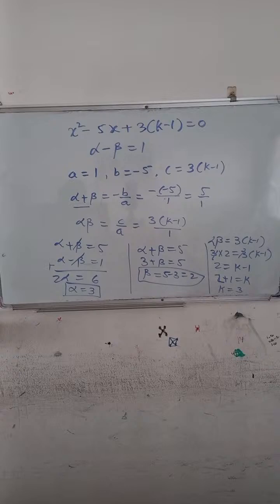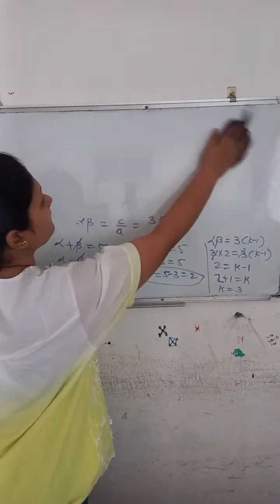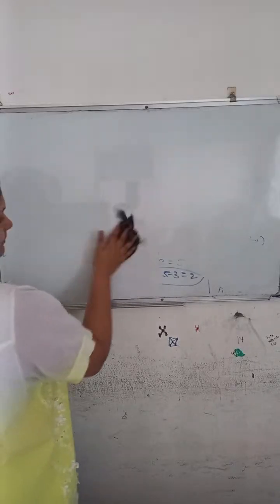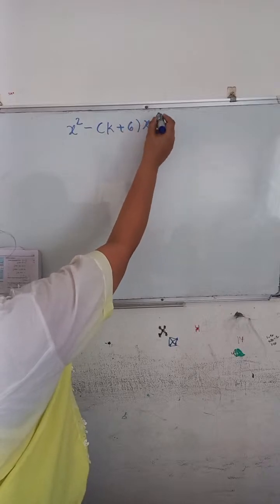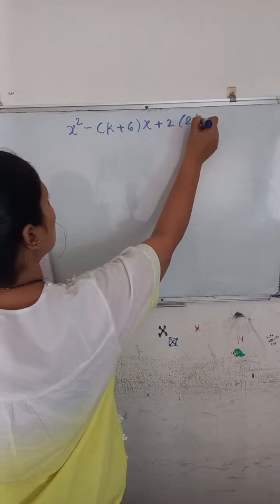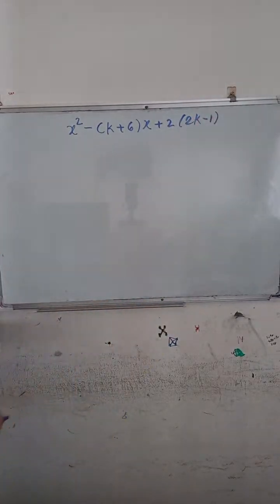Find the value of k such that the polynomial x square minus k plus 6 into x plus 2k minus 1 has sum of its zeros equal to half of their product.